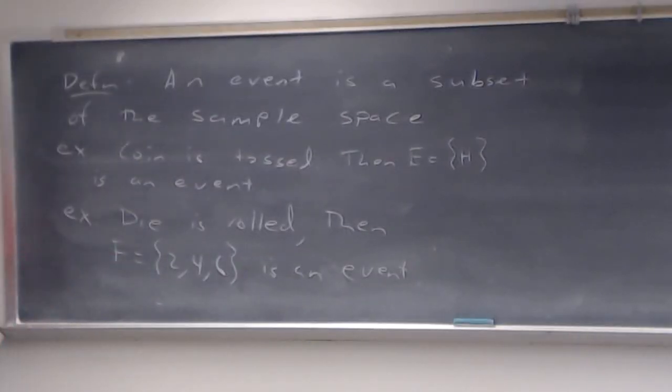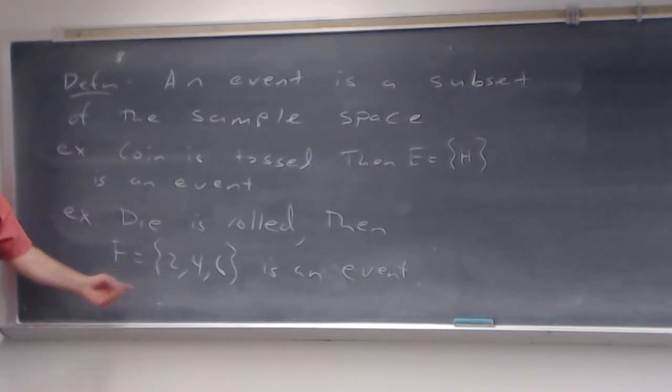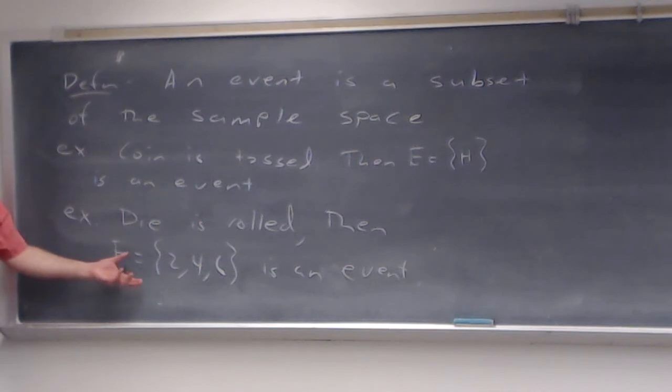In this last example, really F is the event that the die roll was even. Okay? So that's what we represent. And it is a subset, this F is, of our sample space, which were the numbers 1, 2, 3, 4, 5, and 6. And what we mean by a subset, of course, is that it's a collection of items from the sample space.